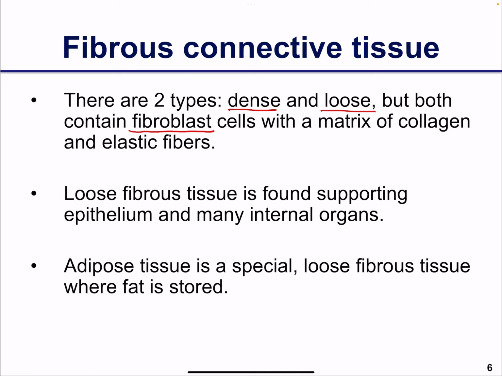Along with the fibroblast, you are going to have a matrix that is going to contain a huge amount of collagen and elastic fibers. Now, the collagen and elastic fibers are different in the sense that collagens are thick fibers. They are thick and non-extensible.